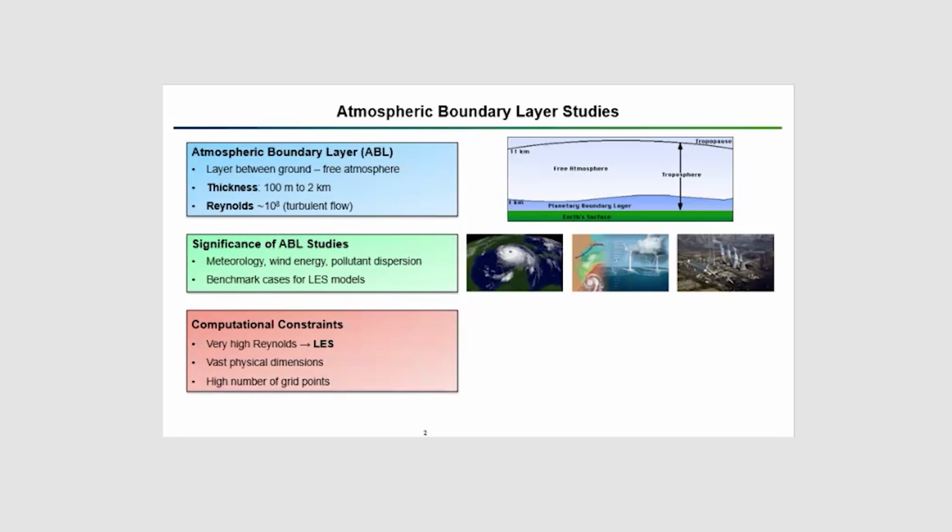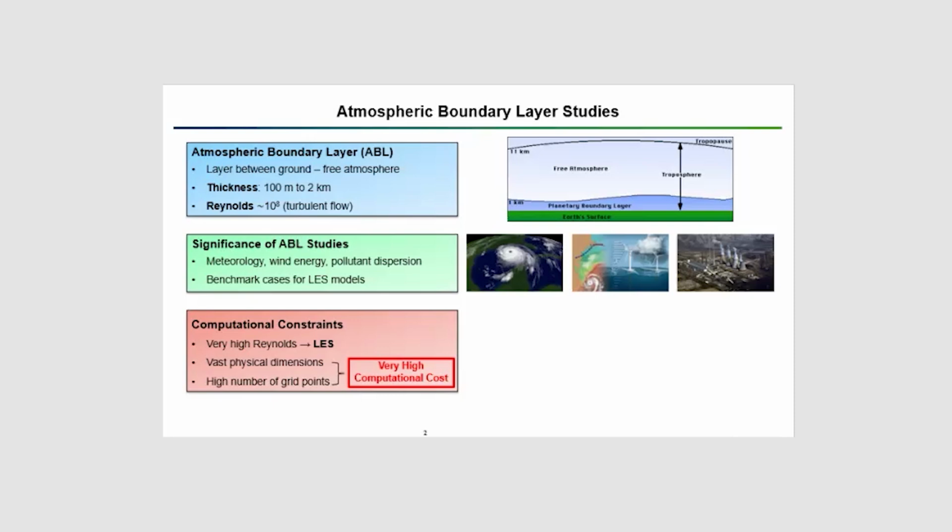Some benchmark cases have been created to study the ABL and also study the flow and simulation parameters and how they affect the results, and to also test LES models. As I mentioned, we are talking about very high Reynolds numbers, so it's almost prohibitive in a sense to use DNS, and that's why we're led to LES.